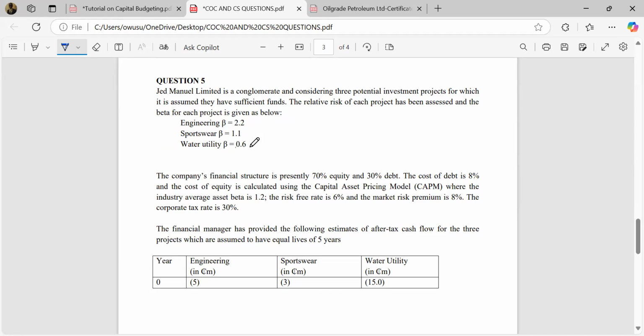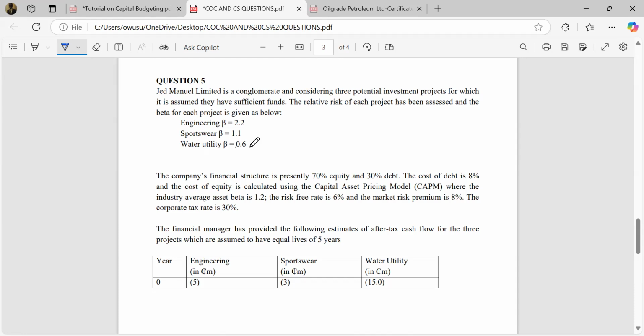Now, in this question, do you have to calculate a geared beta or not? What do you think? I think you have to. Why?